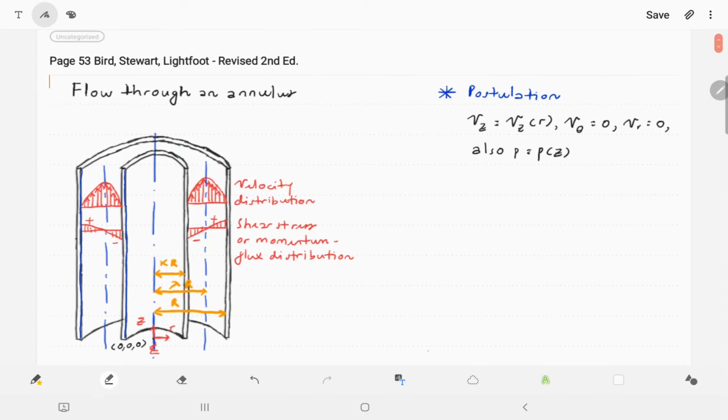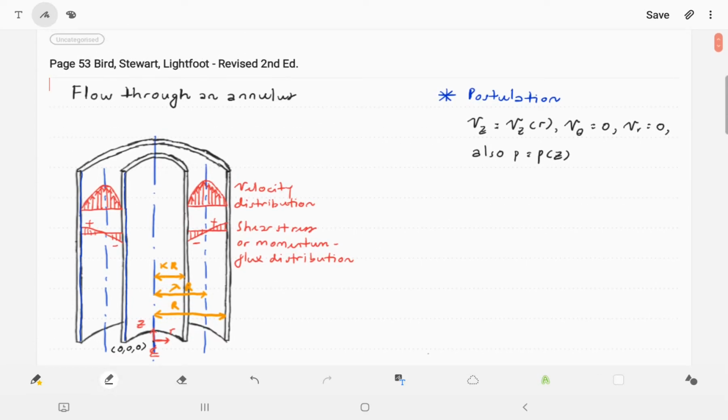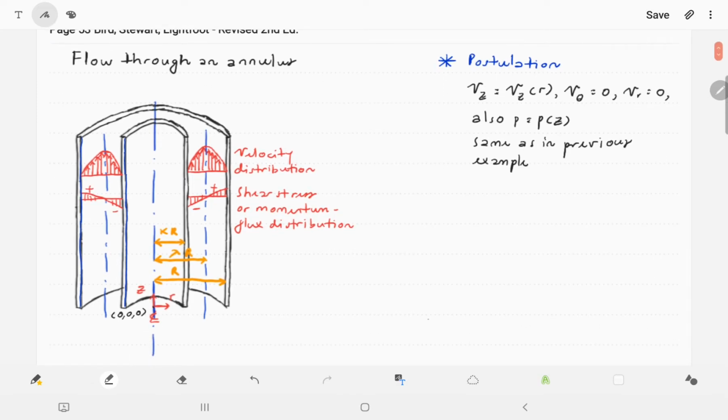And like the previous example, here we are dealing with cylindrical coordinates. So basically this is the same as in the previous example. So we make a system in here.